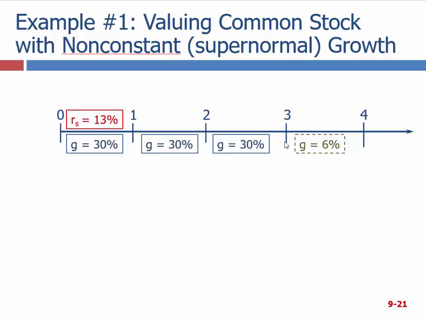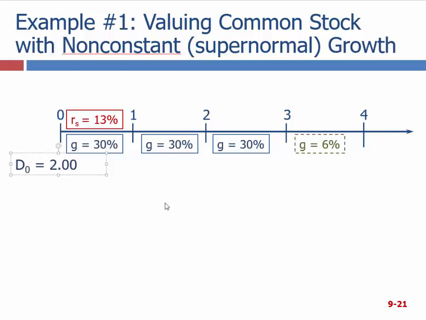Therefore, from this point onwards, we can use the constant growth case, which I labeled case A. For the other portion, when we have supernormal or non-constant growth, we have to find D1, D2, D3 on a manual basis. So recap, we need to find D1, D2, D3, and then we need to find the value of the company from this point until the end.